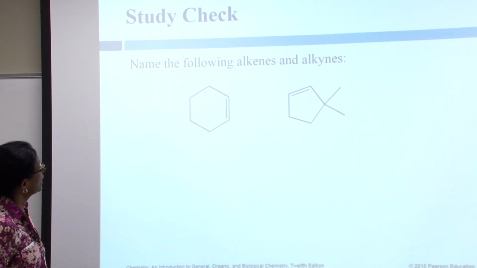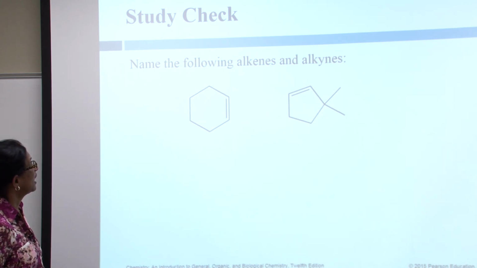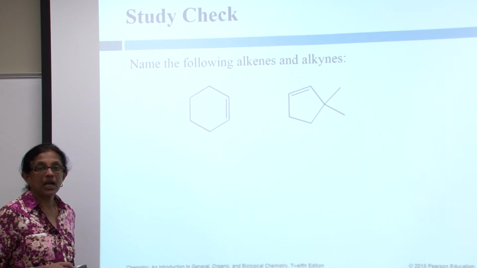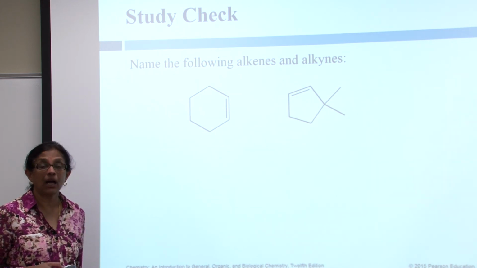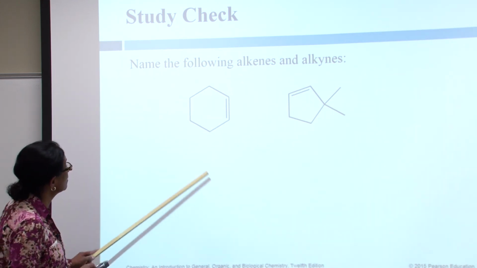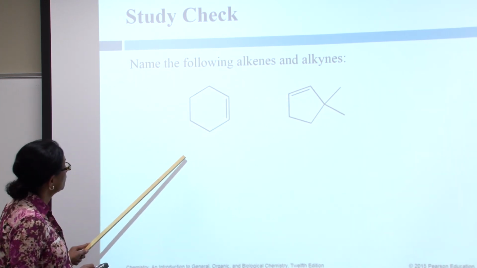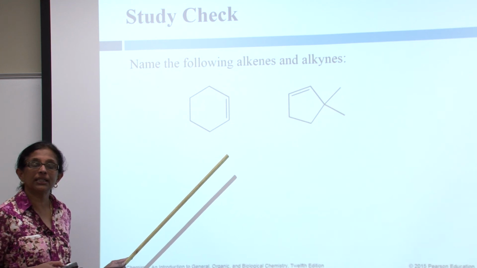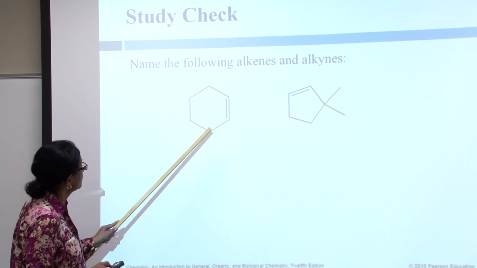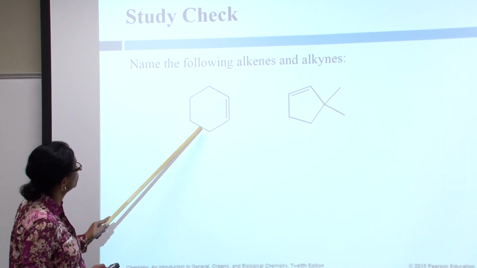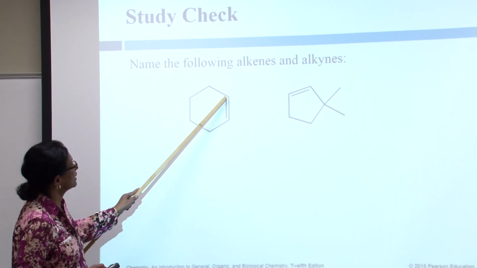So name the following alkenes, alkynes. So do you see an alkyne? I'm seeing 2 alkenes. And how did we figure out they're alkenes? They have a double bond, double bond. So I'm going to first start counting the base cycloalkene. 1, 2, 3, 4, 5, 6.